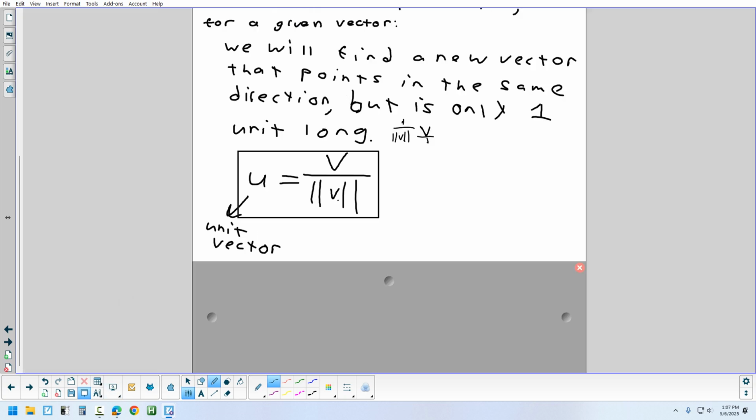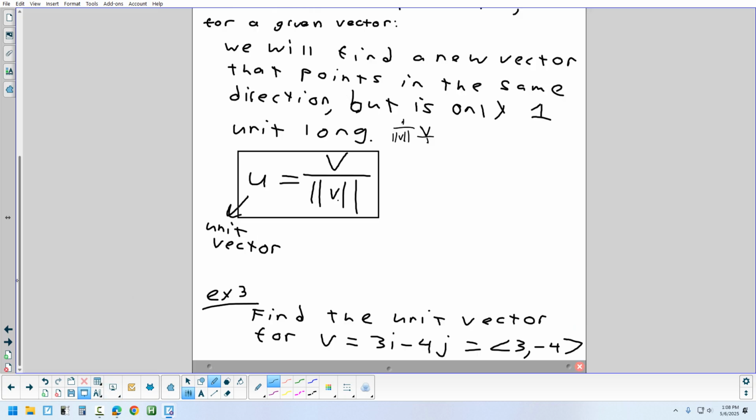All right. So what's the first thing that I need to figure out to determine if that is a unit vector?